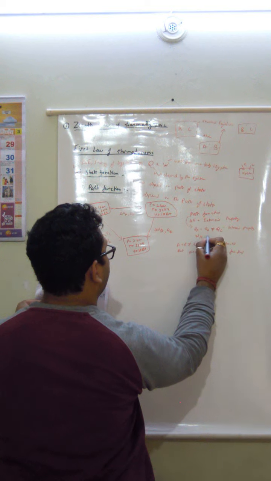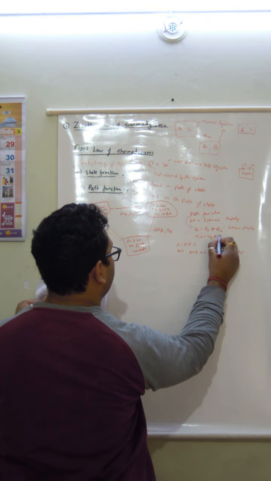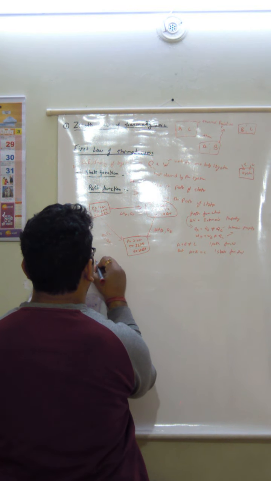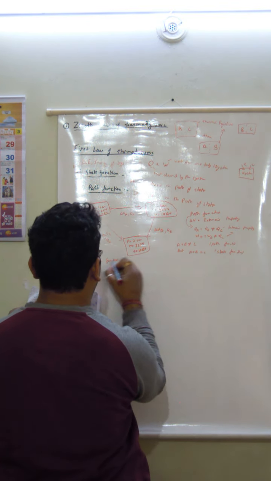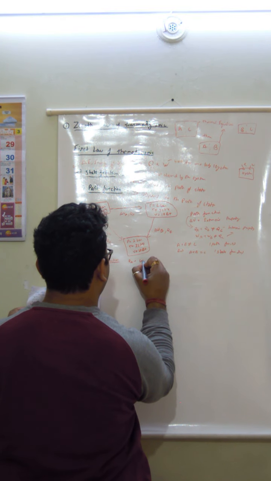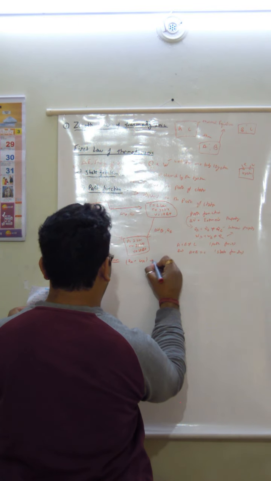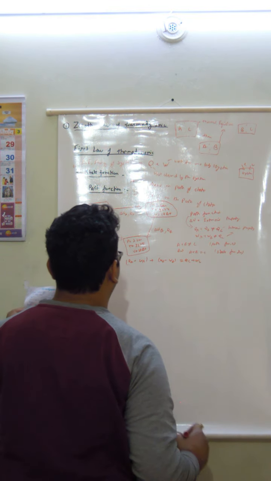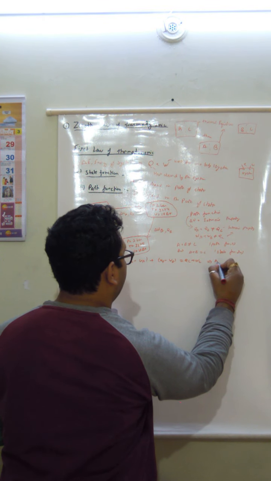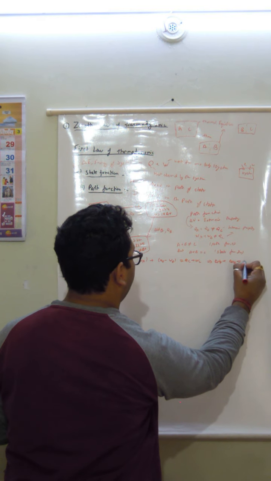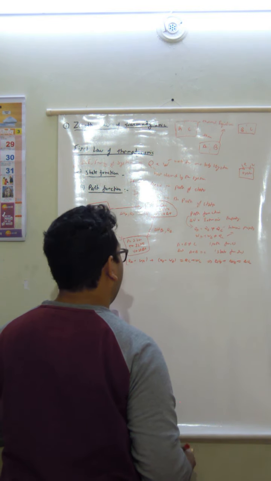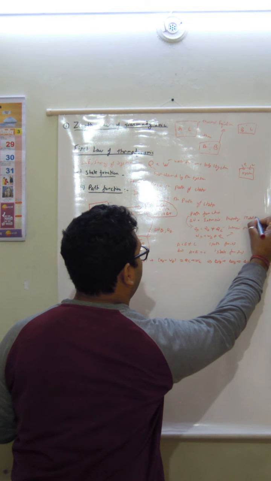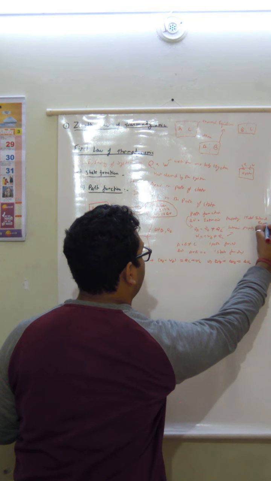In a state function, delta UA plus delta UB is equal to delta UC, which is the total internal energy.